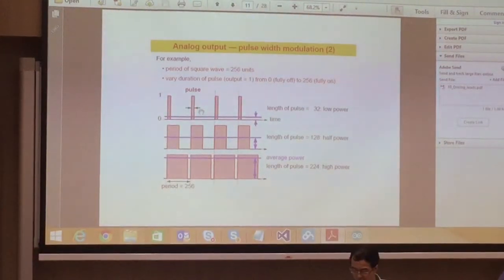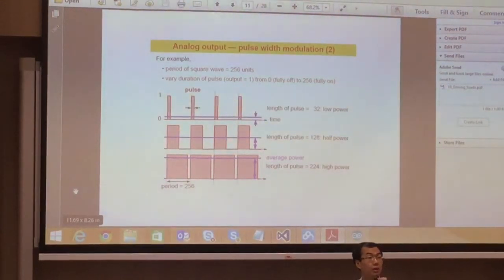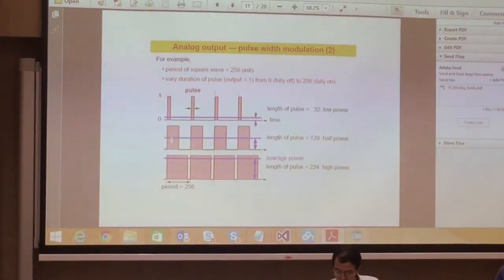And how about the last one? The pulse actually turns on most of the time, and only a very small time right here is off. So what is the average value for this pulse? It will be close to VDD. So in this way, actually you can.